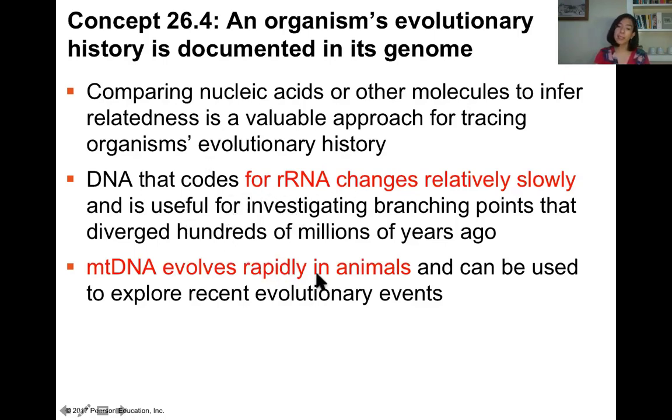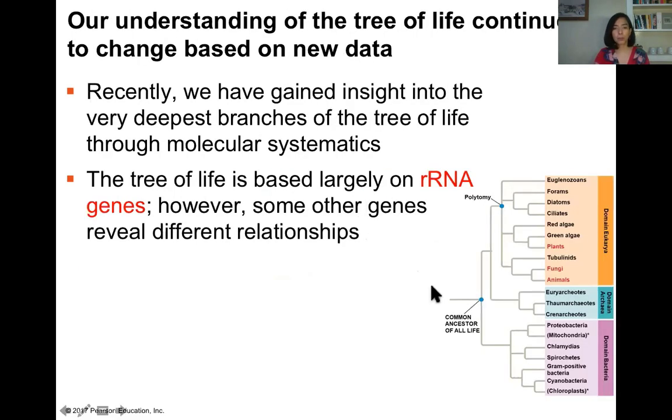So it really depends on the type of question that we want to answer, which determines the type of molecules that we use. Nowadays, actually, we try to include all of the genome. That means all of the sequences, all of the letters in the genome, to reconstruct phylogenetic relationships. And that used to be very expensive, but it's becoming more affordable, and the resolution that we get is really high. So that's what we are doing currently.